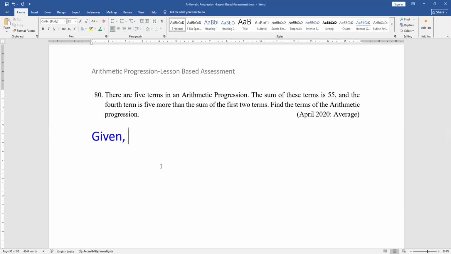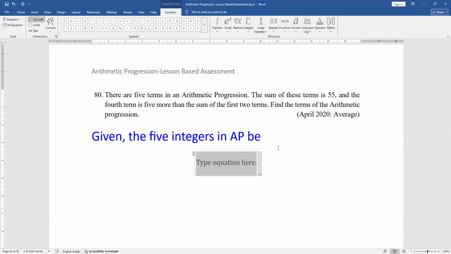Let's write it first. What have they given? The 5 integers in AP. So when 5 integers are given, what do you write first? A minus 2D, comma, A minus D, second integer.